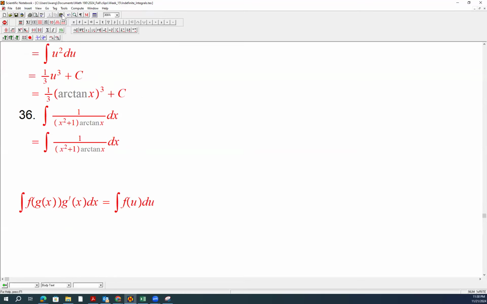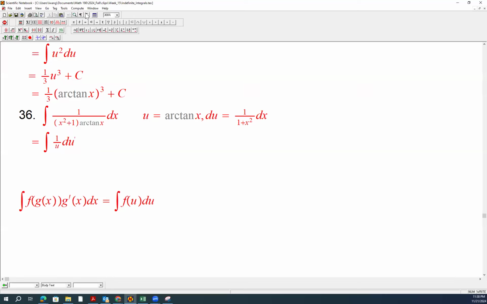I'm doing even number and odd number questions. I hope you have noticed. Arctangent is, this is a u, right? So this is x squared, and this is going to be under. I can put it under this piece, right? Same thing. And that's du. So this piece is du.